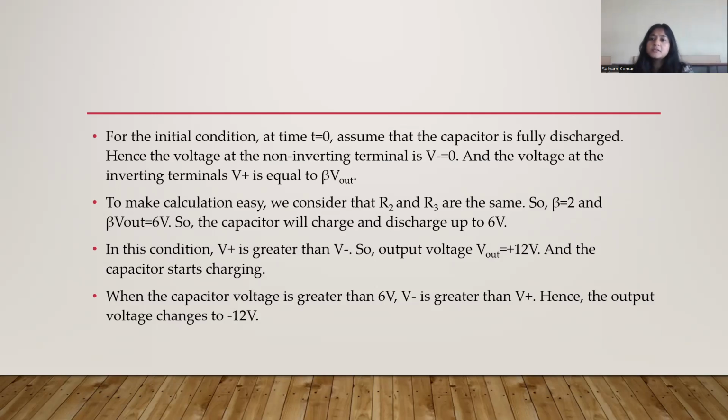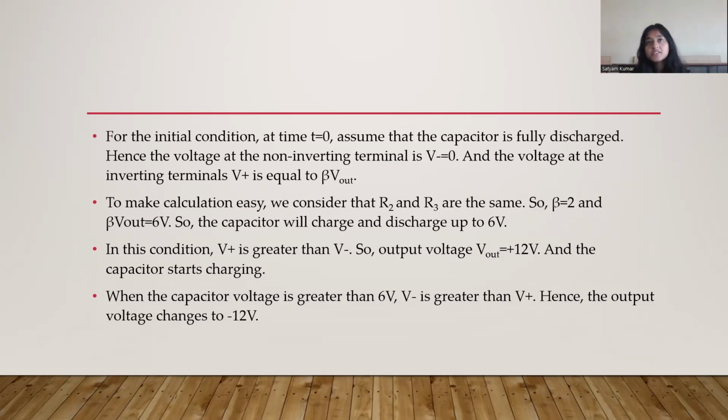So basically, in the initial condition when t was equal to 0, the inverting terminal V minus was equal to 0 and the terminal V plus was equal to beta V out. Since we consider the values of the two resistors R2 and R3 to be the same, we get the value of beta as 1/2 and beta V out as 6 volt. Now the capacitor charges, reaches a maximum point, and then discharges up to 6 volt.